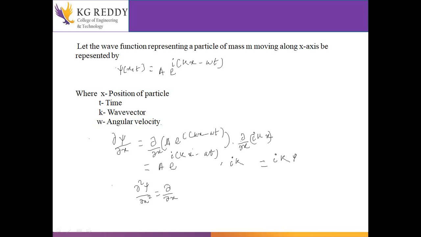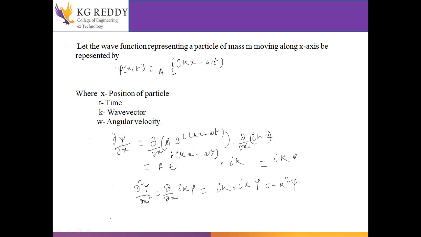Del by del x of ik into psi equals ik, which is constant, times del psi by del x, which we found to be ik psi. Already we derived everything. Then i into i is i square equal to minus 1. We get minus k square psi, so del square psi by del x square equals minus k square psi.